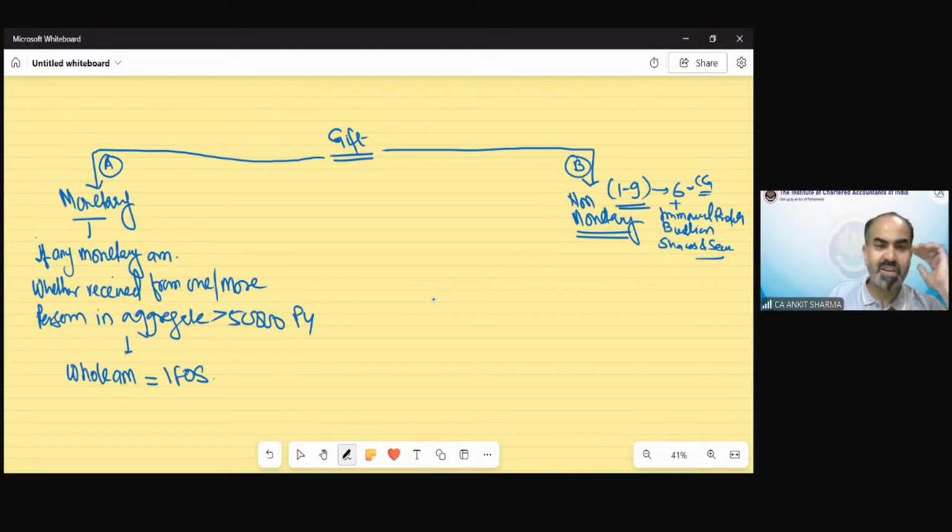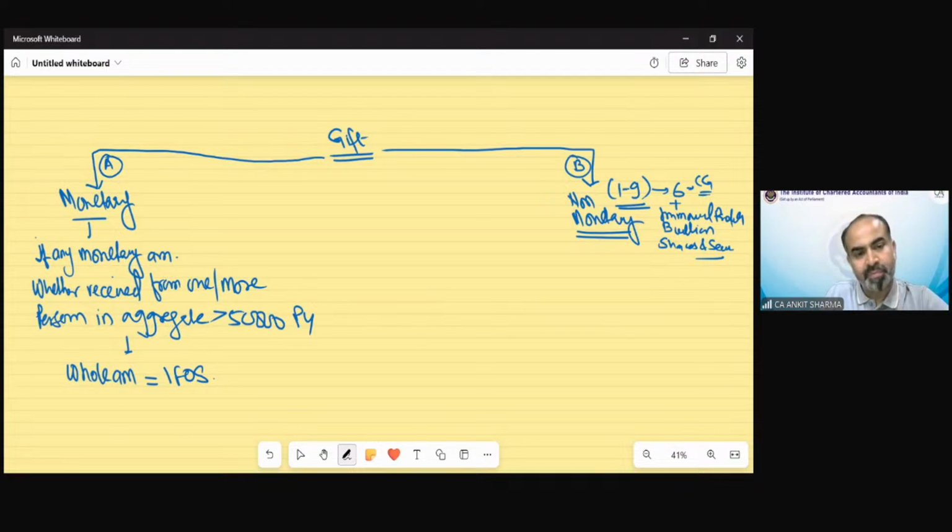The provision is very simple, very clear, that if I am receiving monetary gift, check, cash, draft, whatever it is, from one or more than one person in a year, and which in aggregate exceeds 50,000, then this whole amount will be treated as income from other source.